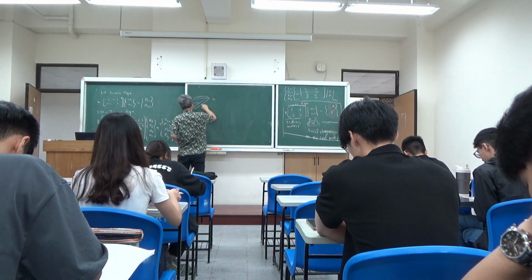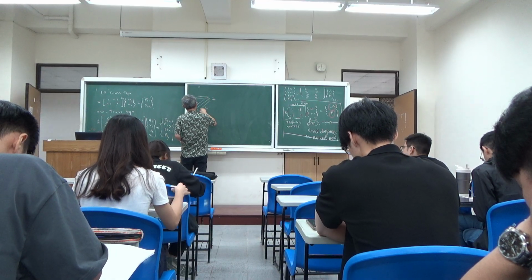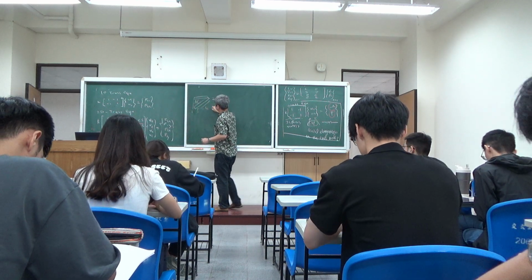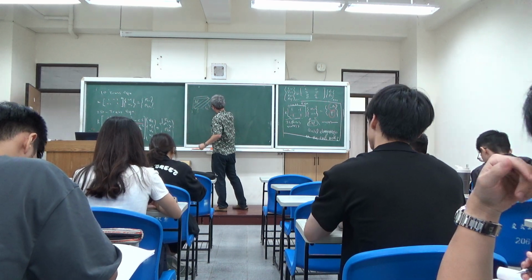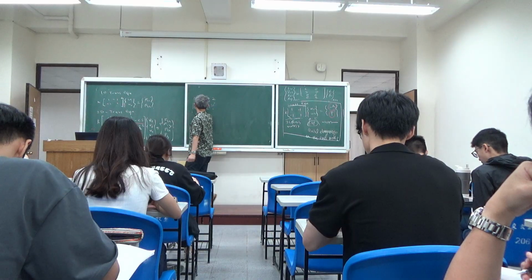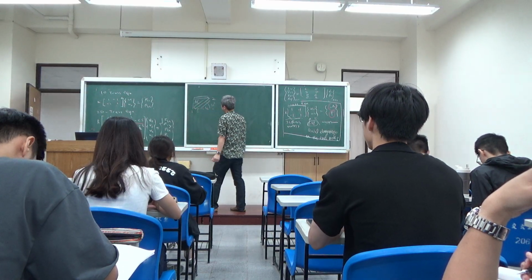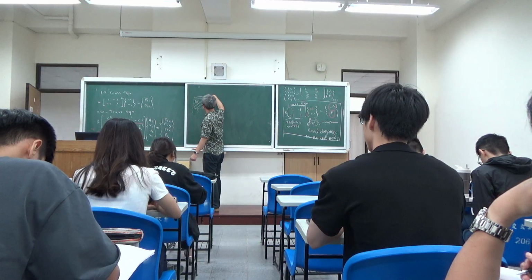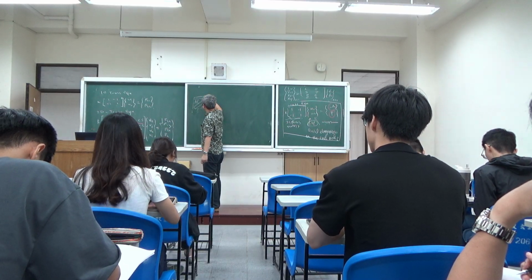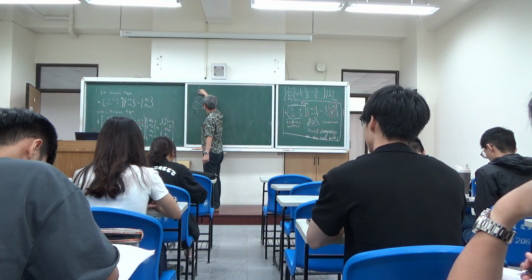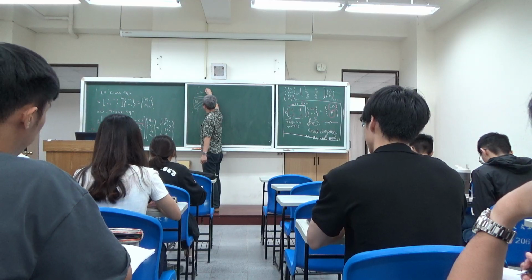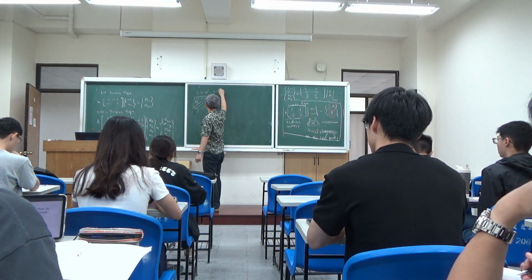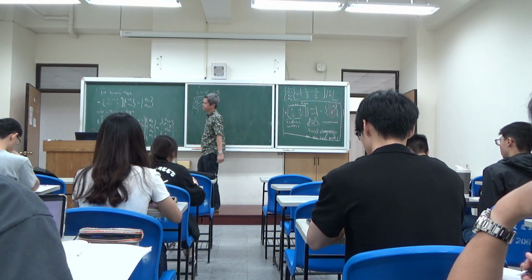This has a length L. This has the angle 60 degrees with respect to the vertical, 30 degrees with respect to the horizontal, and then the horizontal bar has the length of 1. If this is L, then this is L sine 60 degrees, so this is L times square root of 3 divided by 2.